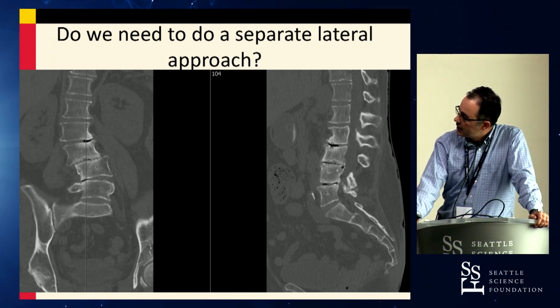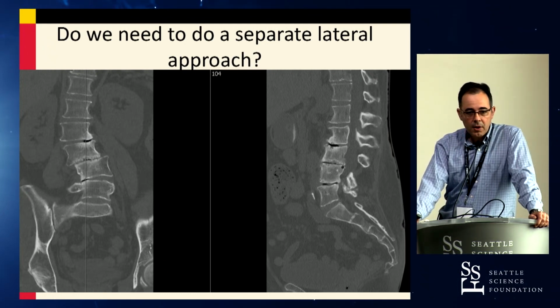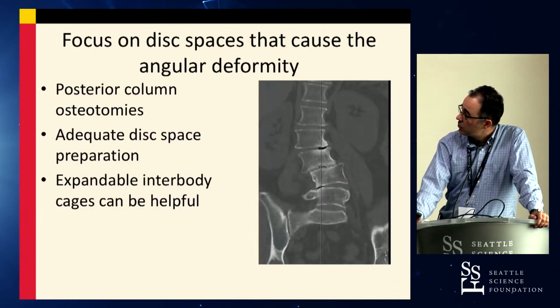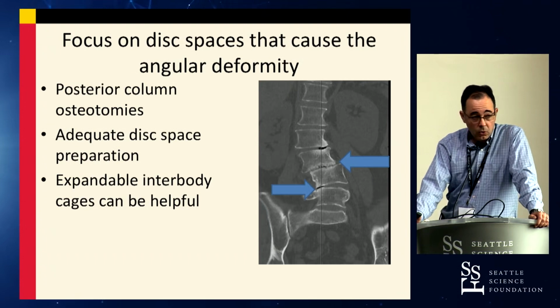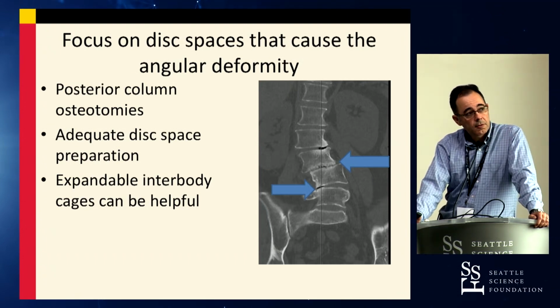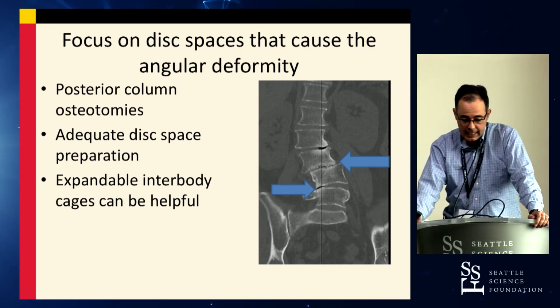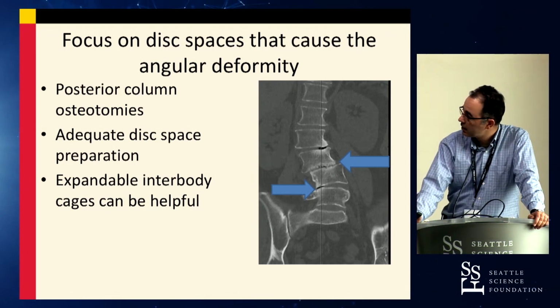And this was a situation where I thought that we could potentially treat her posteriorly with some expandable cages to help restore some of the anterior column height. And so the strategy was to address some of the coronal aspect of the curve by putting the cages in on the sides where the arrows are.